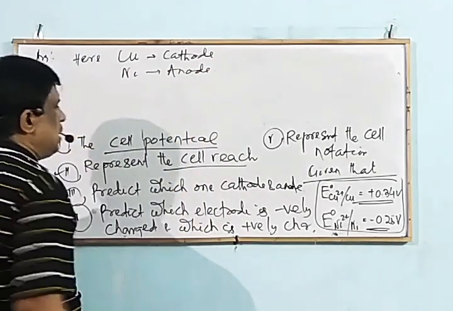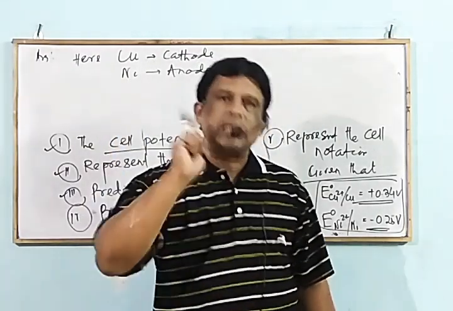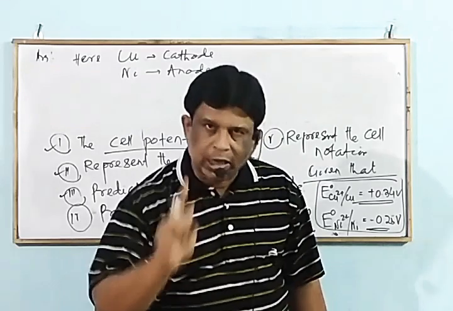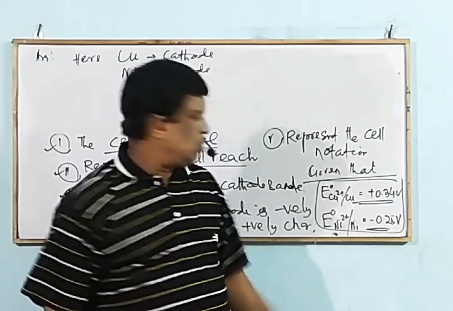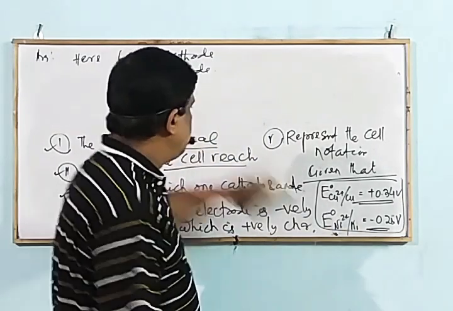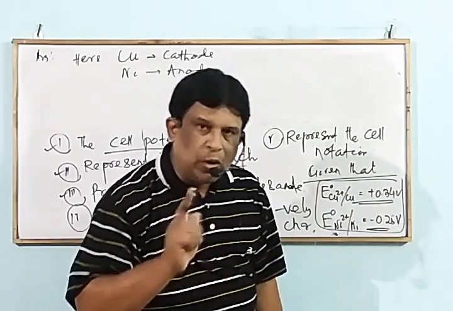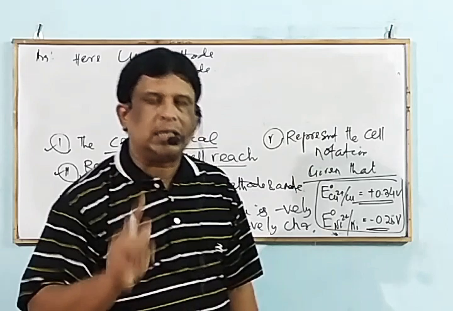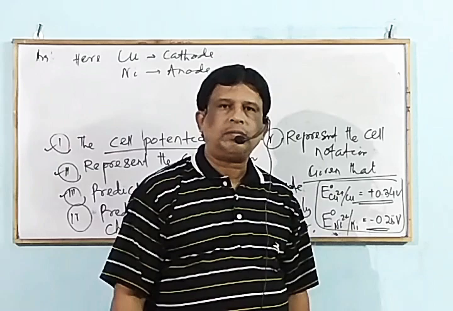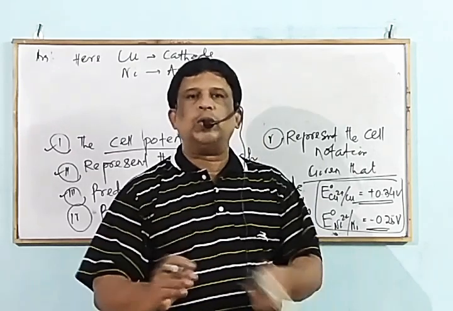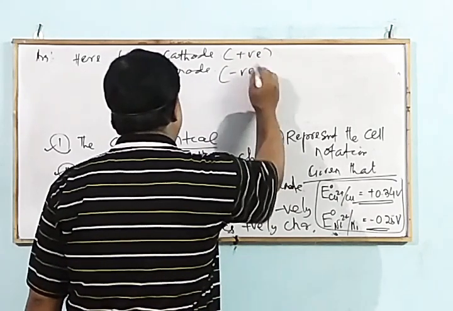The one possessing higher reduction potential is the cathode, and the one possessing lower reduction potential is the anode. In an electrochemical or galvanic cell, the anode is negative and the cathode is positive.